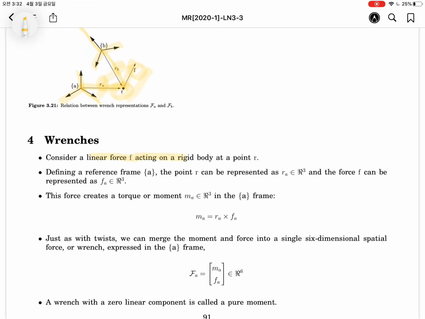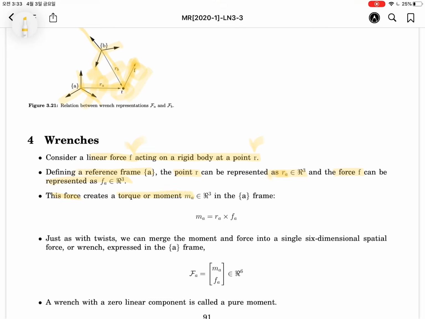Okay, anyway, the linear force F acting on the rigid body at a point R. This is the coordinate independent variable. By defining the reference frame A, at that time the point R can be represented as r_A belonging to R3 space. And the linear force F can be represented as F_A. So the subscript will represent the coordinate frame. Okay, if you consider the force, this force will create the moment.